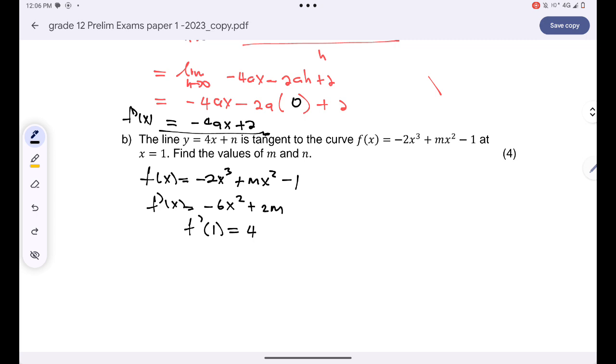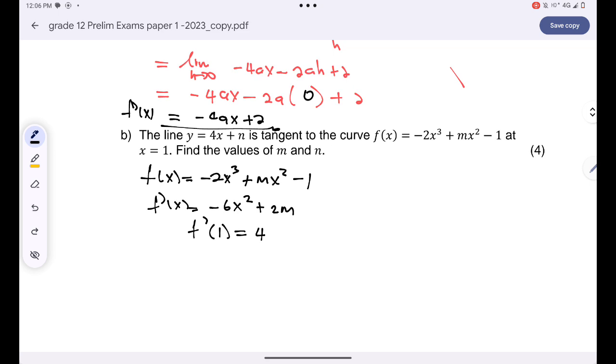That means the gradient of the tangent, when x is equal to 1, will just be equal to 4. So all I have to do now is simply substitute. I'll have 4 on the left hand side, then negative 6 times 1 squared plus 2mx, right?